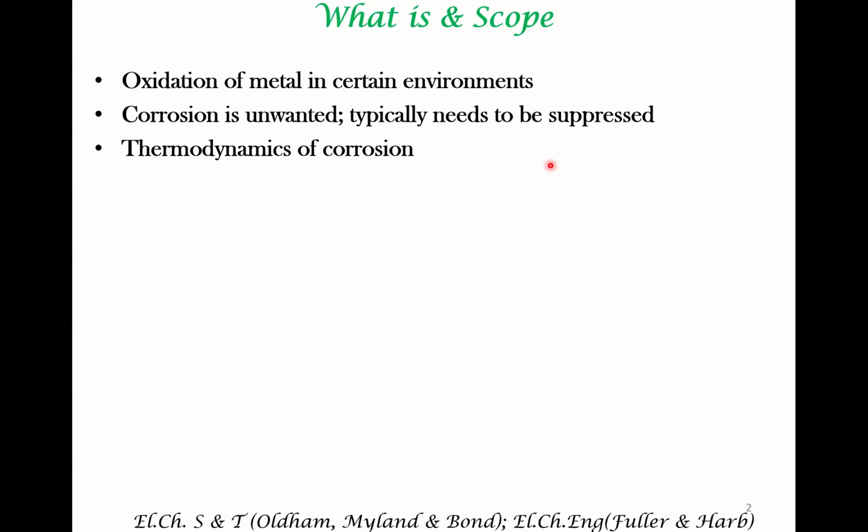In this series of lectures, we'll begin by looking at the energetics of corrosion, which typically means we will look at the thermodynamics of corrosion. We will also look at rate-based approaches to corrosion because thermodynamics has its own limitation.